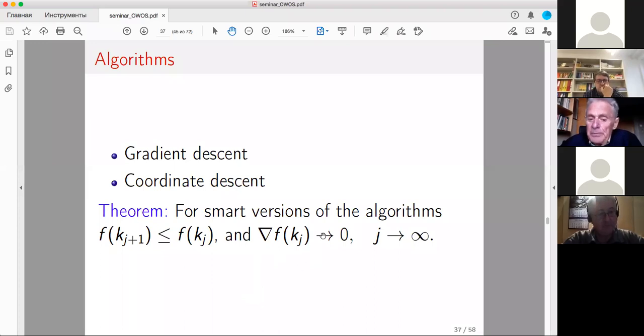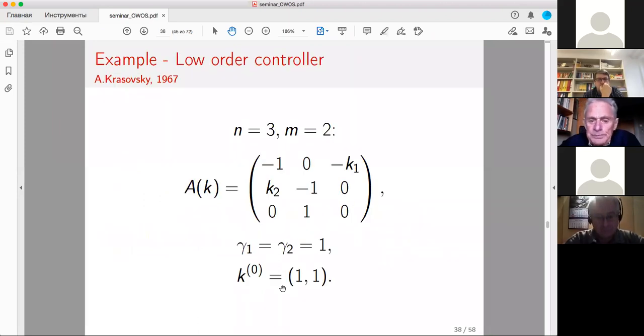Maybe it's probable that we have convergence to local minima in most cases.